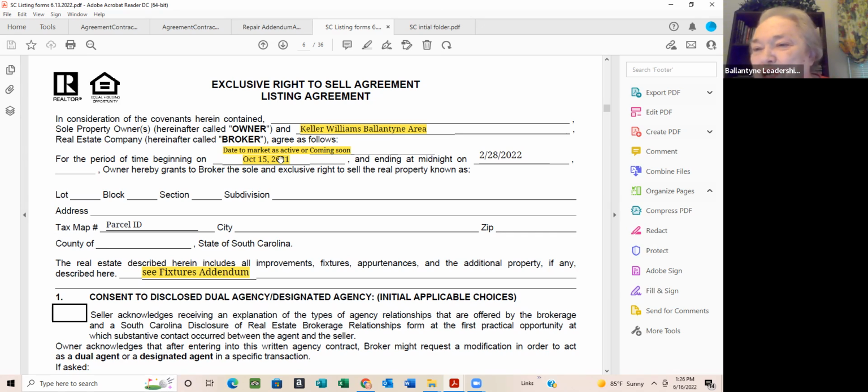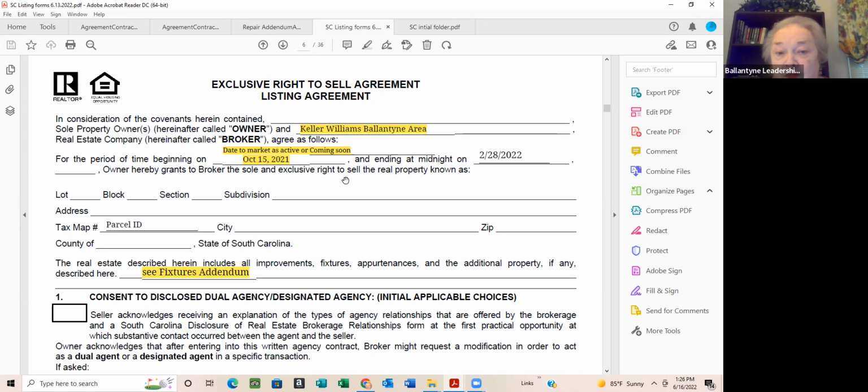That's the date that you're going to start coming soon. It is the beginning of the exposure of that listing anywhere, but it's not going to be to the public marketing.